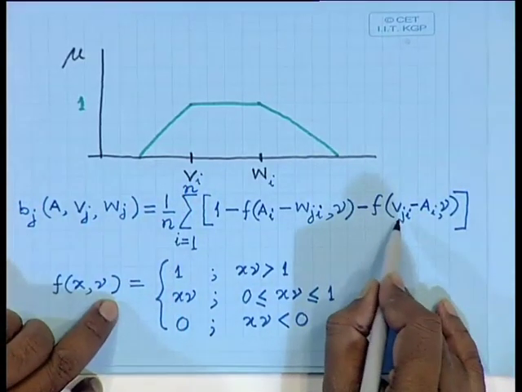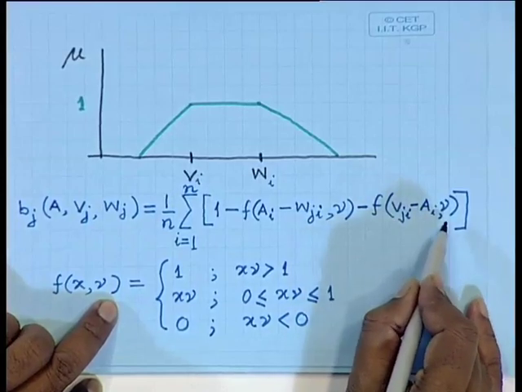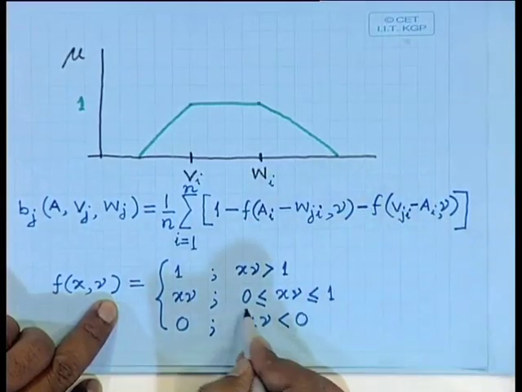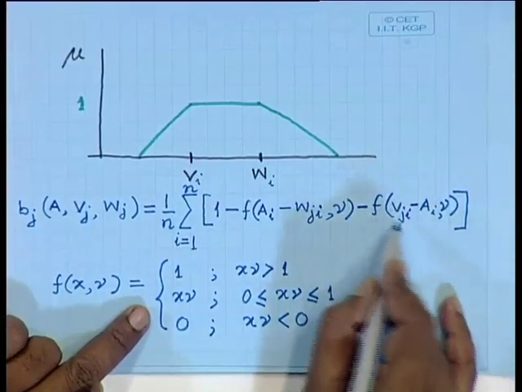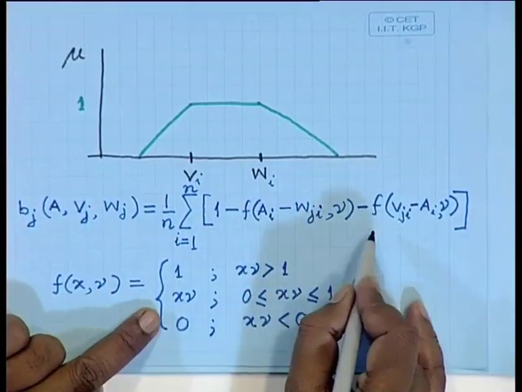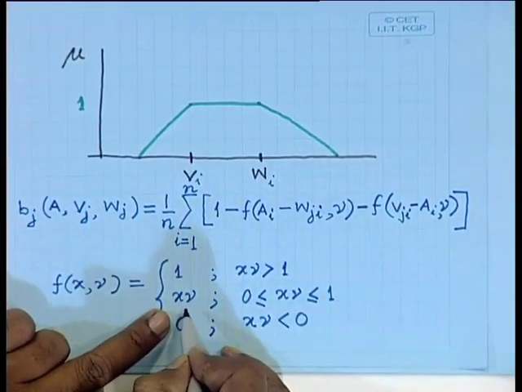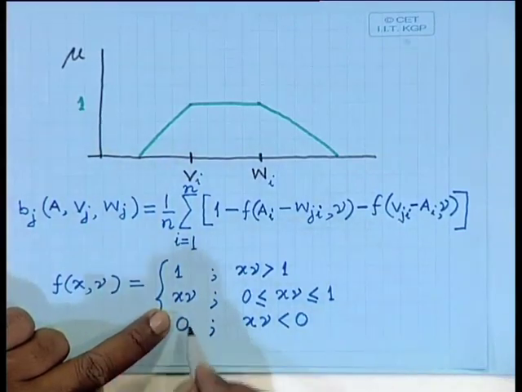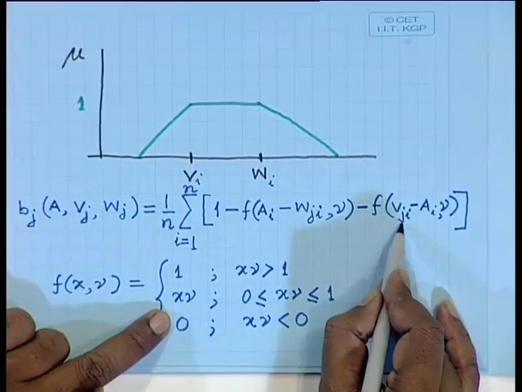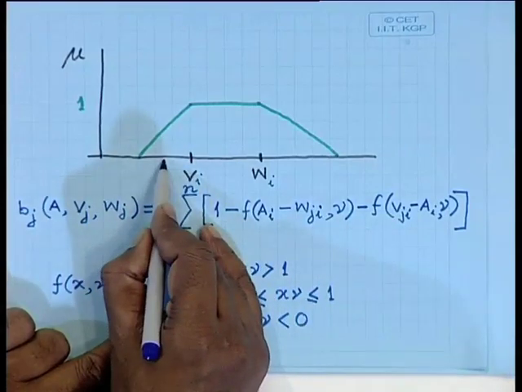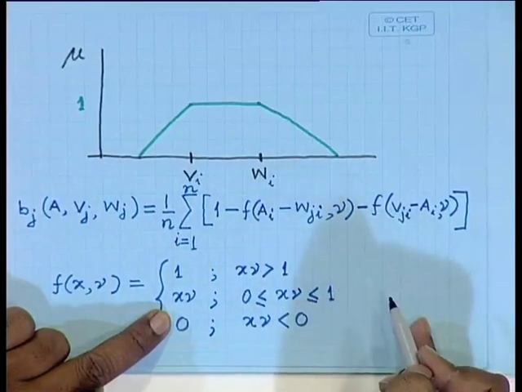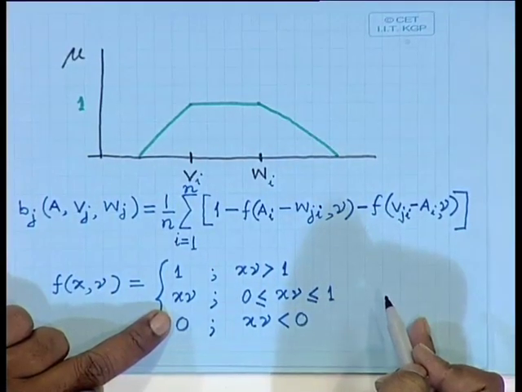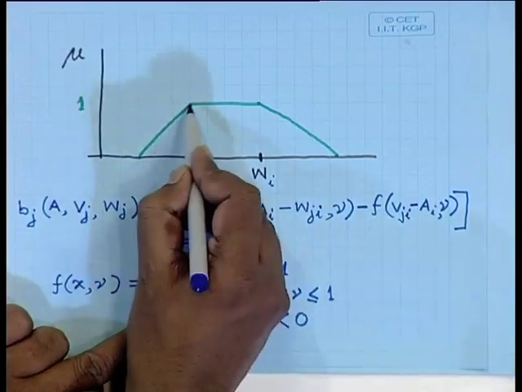Whereas, if v_ji minus a_i times gamma is between 0 and 1, then the output given by this term is 1 minus x times gamma. What is x? x is nothing but the distance from the mean point. So, it is 1 minus x times gamma, which means I get a straight line with a slope equal to gamma. So, that is this straight line.